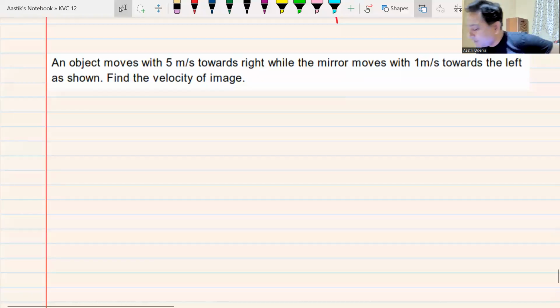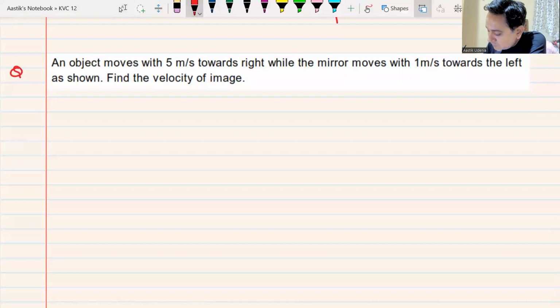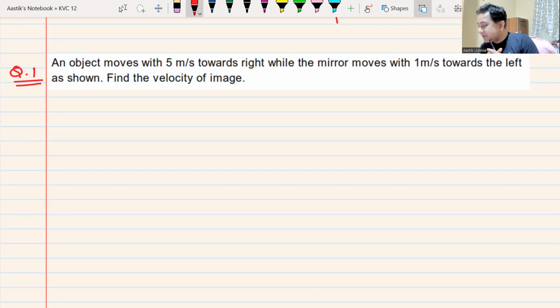This is the question that comes. This is how questions are framed in a JEE or a NEET. Question number 1 on this. An object moves with a velocity of 5 meter per second towards right, while the mirror moves with a velocity 1 meter per second towards left as shown. So the diagram is there. I will draw the diagram.